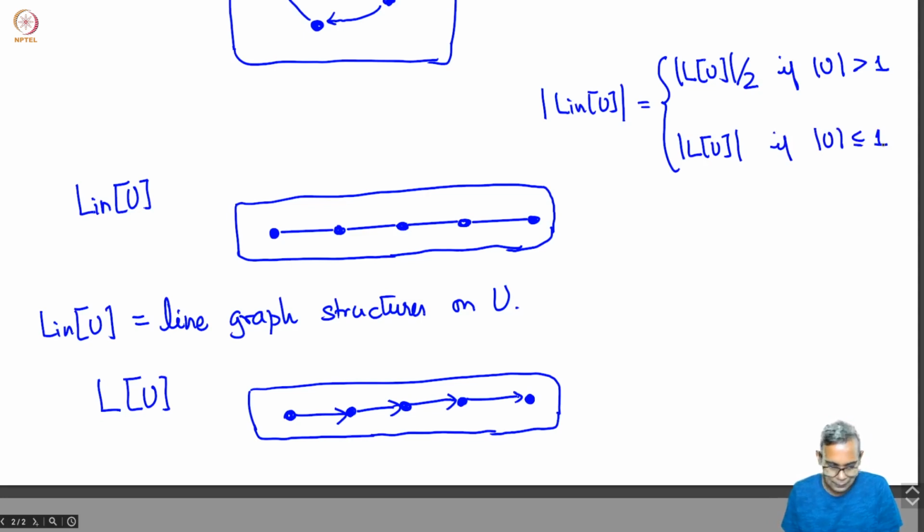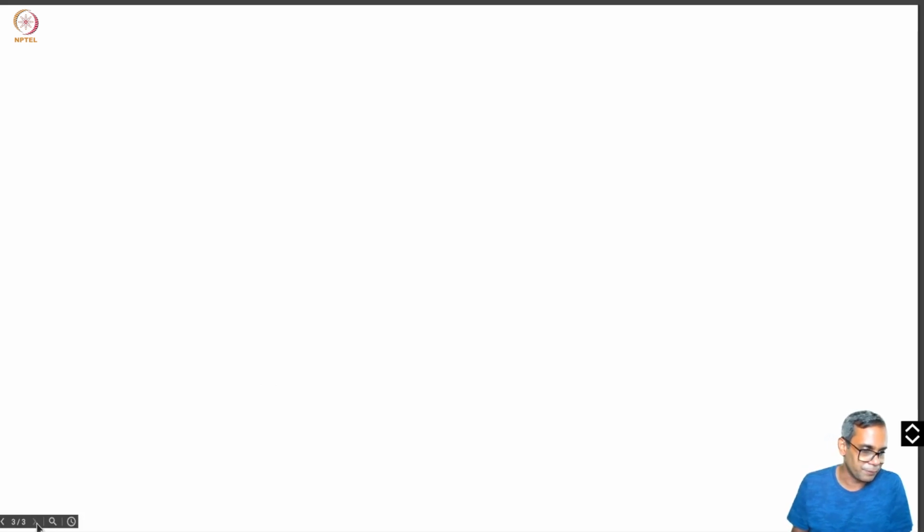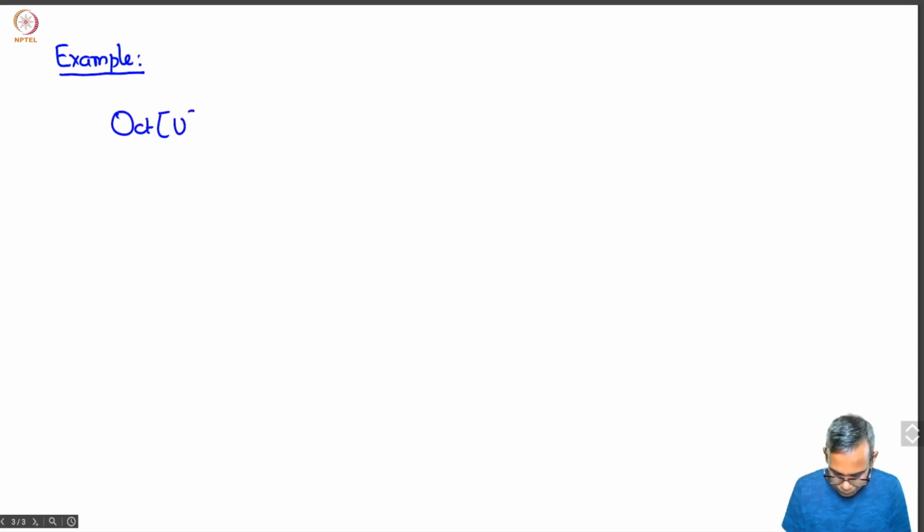So that's some examples. Let me give you a more amusing example. We'll encounter this example again later when we study it. This is called the species of octopus structures on U. So the picture looks something like this.